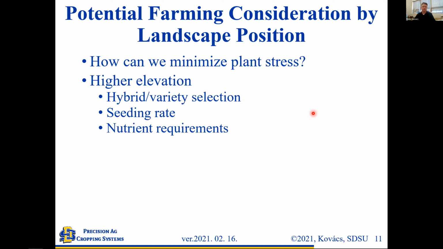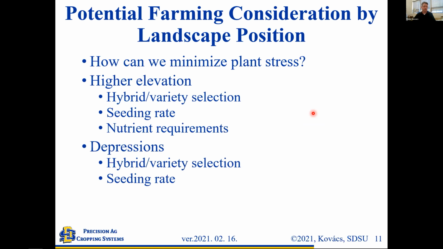And it would be similar for the depression zones, where we more likely would experience more excess water. So are we expecting year to year flooded or close to saturated environment in those micro depression areas? How can we potentially minimize our losses?